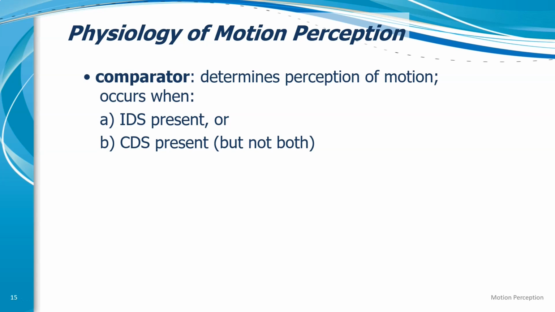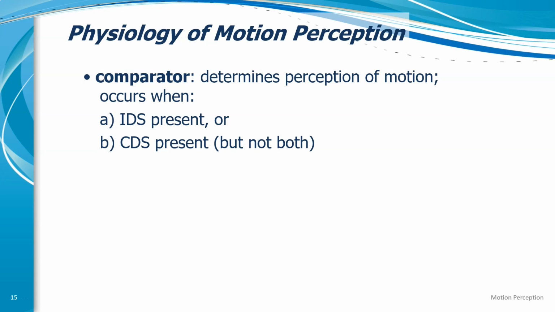That's kind of like the example of pursuit. I'm looking at this car going around the racetrack, but it's not moving across my retina, but my eyes are moving to follow it.